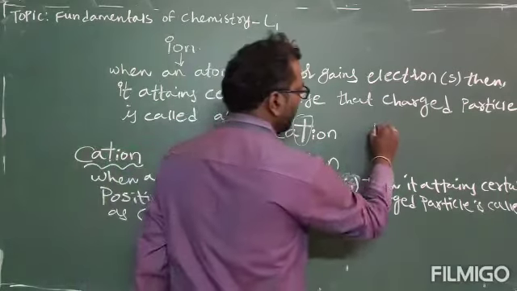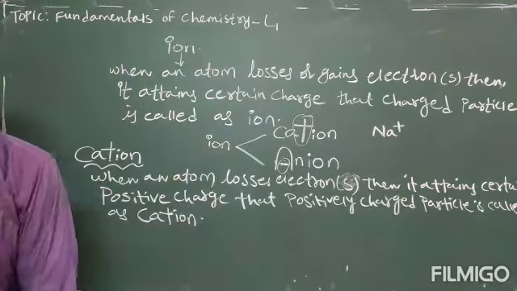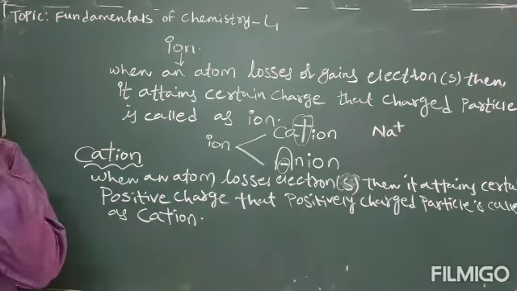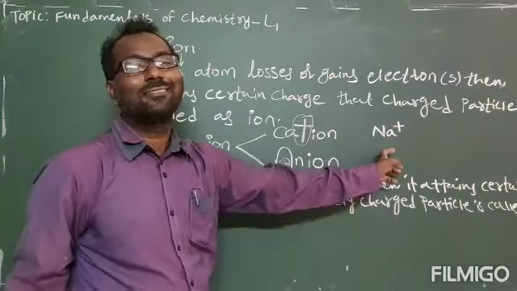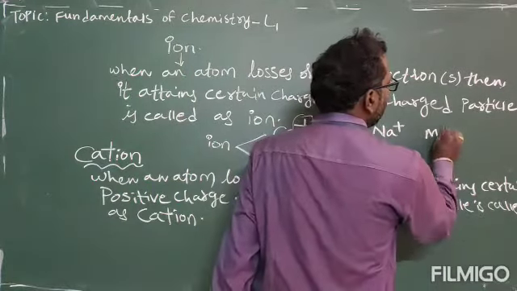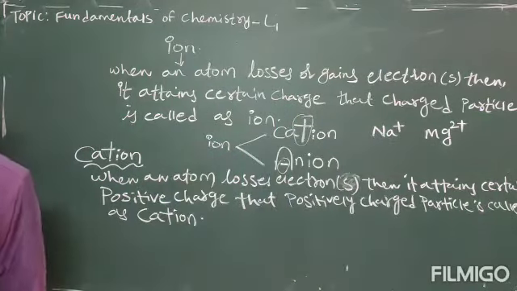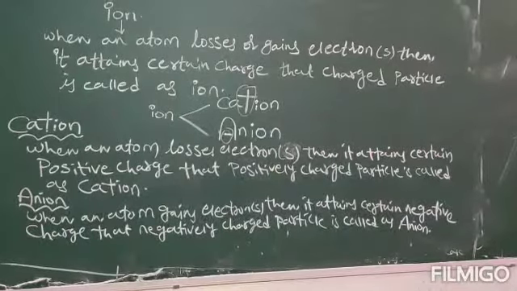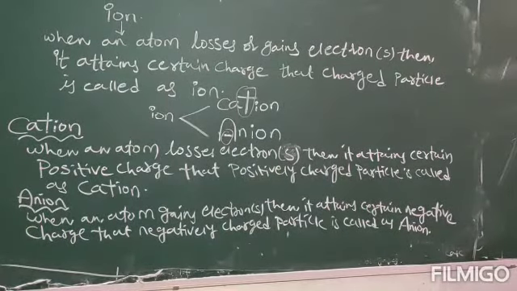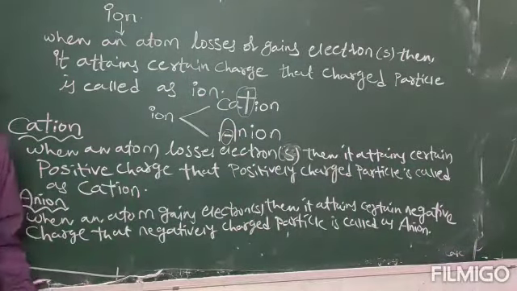Suppose you take Na+, what does it mean? It has lost how many electrons? One electron. Suppose you take Mg2+, it has lost 2 electrons. Now anion. So what is an anion? When an atom gains electron or electrons, then it attains a certain negative charge.